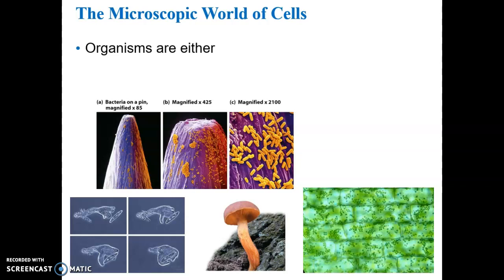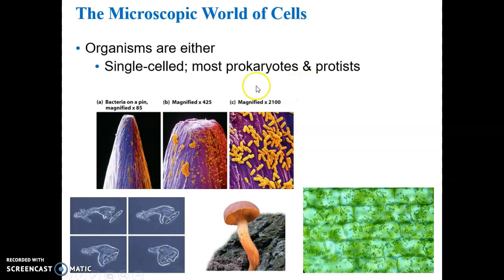All living organisms are either single-celled, which are the prokaryotes, and what are called protists. And the prokaryotes are those single-celled organisms that we call bacteria, and also another group of single-celled organisms, the archaea.